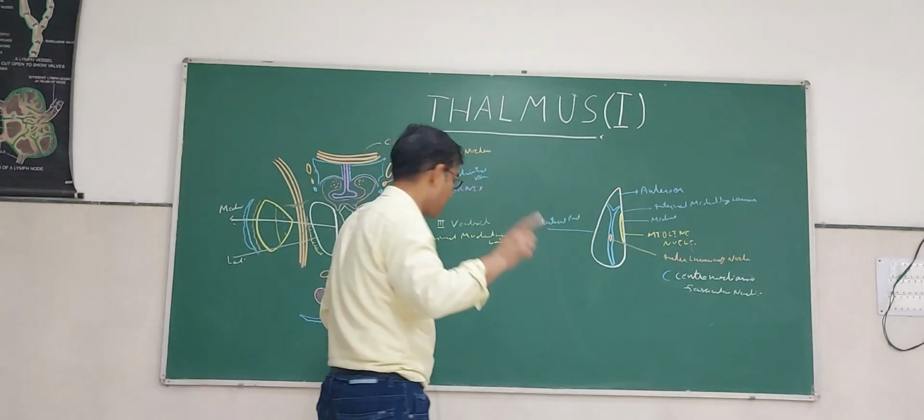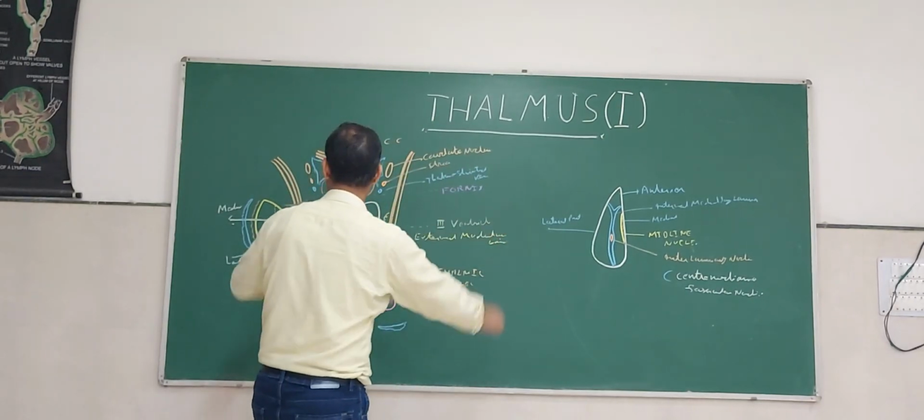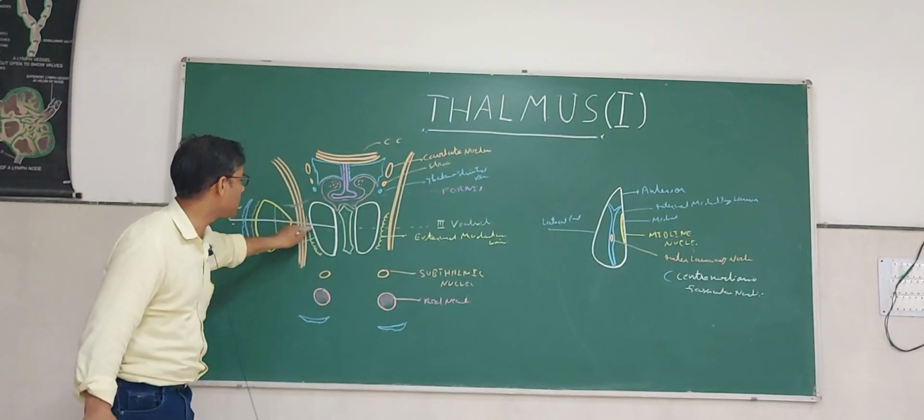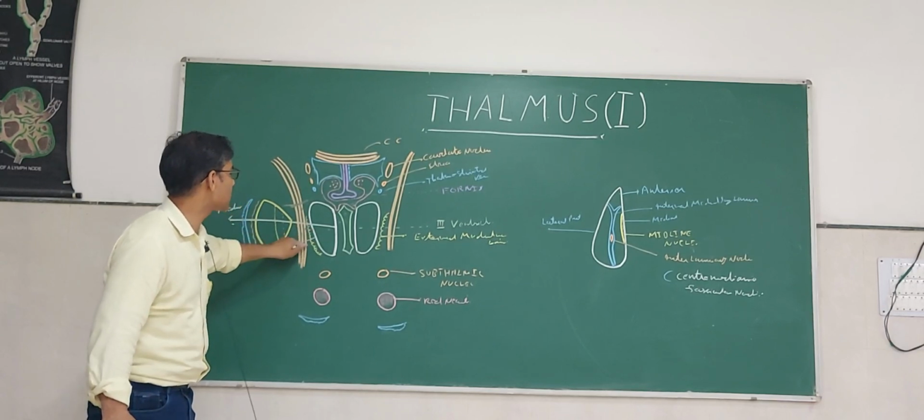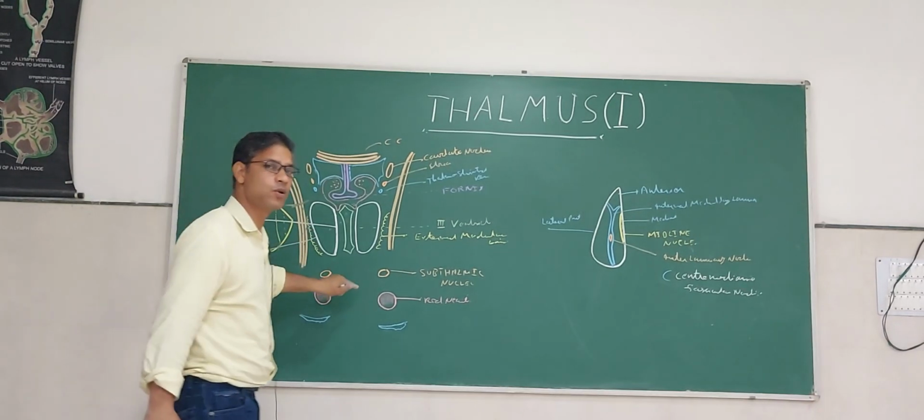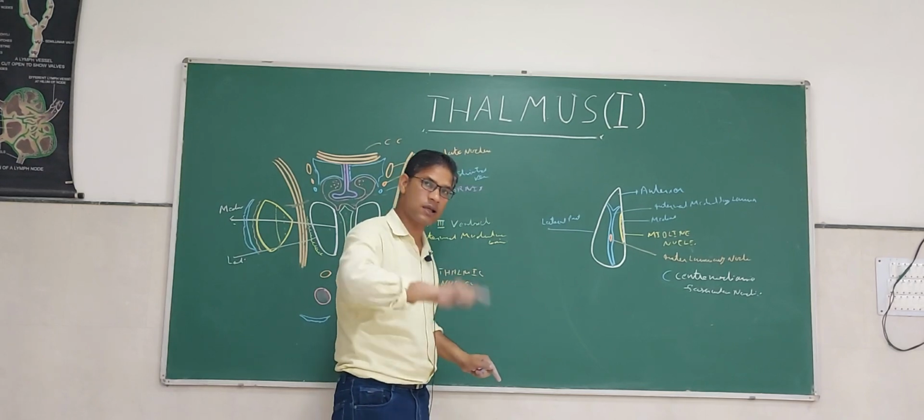Here I want to remind you again that if there is an internal medullary lamina, there is an external medullary lamina between the thalamus and the posterior limb of the internal capsule. So I was saying, if there is external, there is internal.